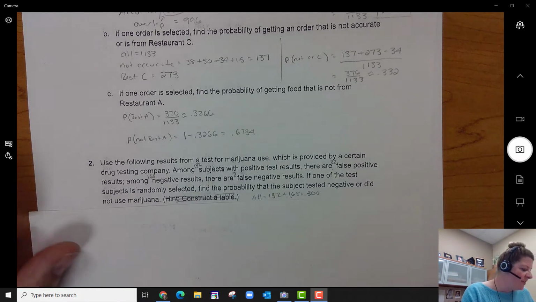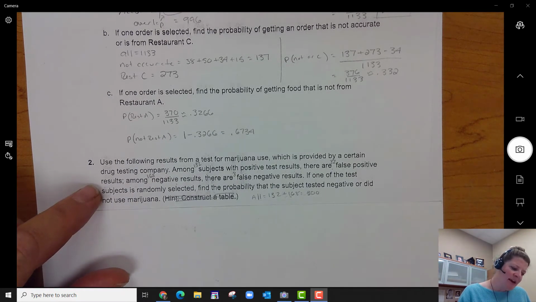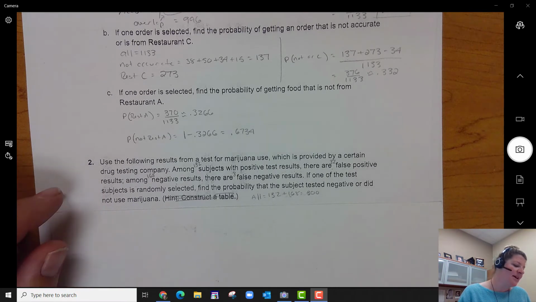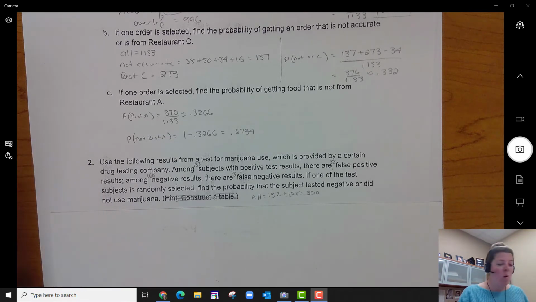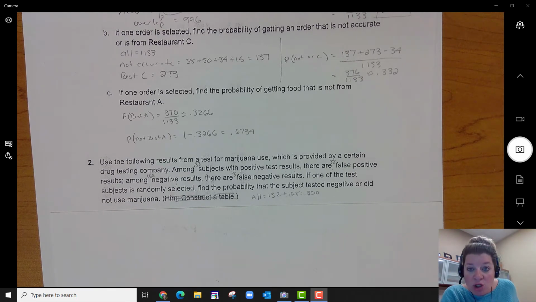Okay, if one of the test subjects is randomly selected, find the probability that the subject tested negative or did not use marijuana. So one or the other, tested negative or did not use marijuana. So first of all, how many people are in my study? I need to know how many for my denominator.